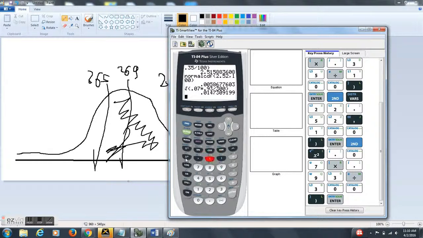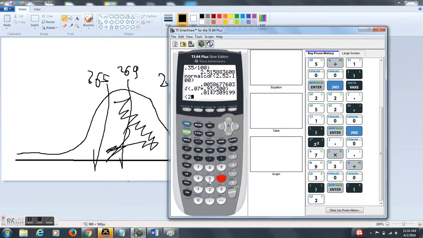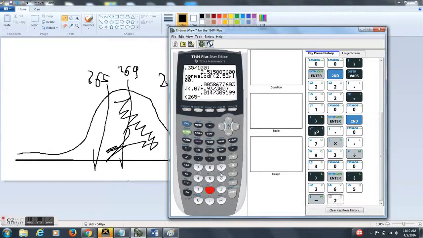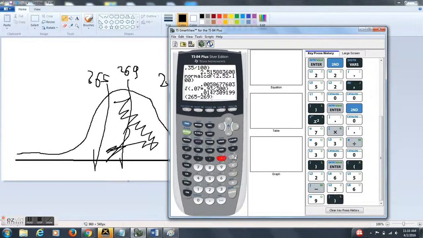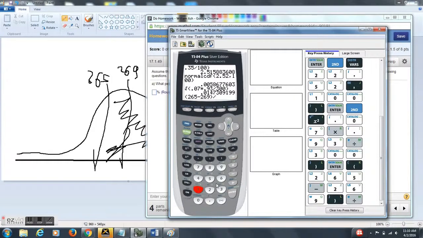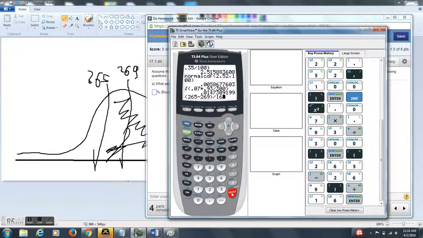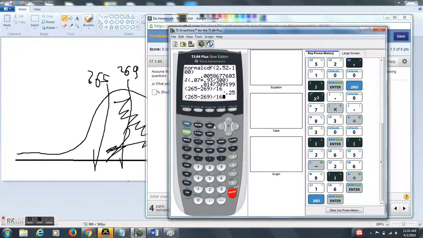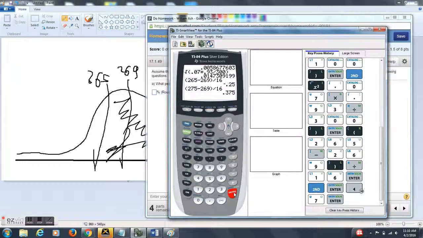So I just use my standard formula. It's 265 minus 269, divided by, what was my standard deviation? They told me what it was: 16. So one z-score is negative 0.25, and the other one is 0.375.